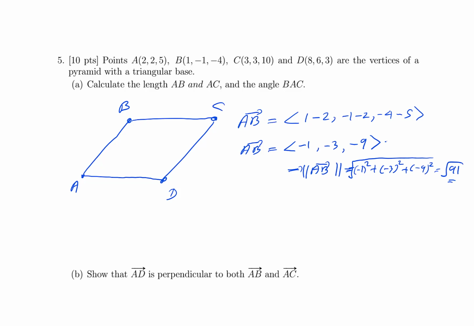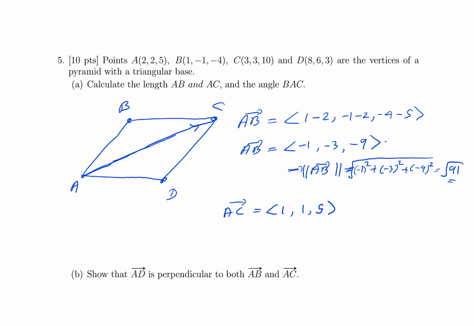Now how do we find the AC? The AC vector, in a similar way, you can write AC. So AC is C minus A: 3 minus 2, 1; 3 minus 2, 1; 10 minus 5, 5, right?